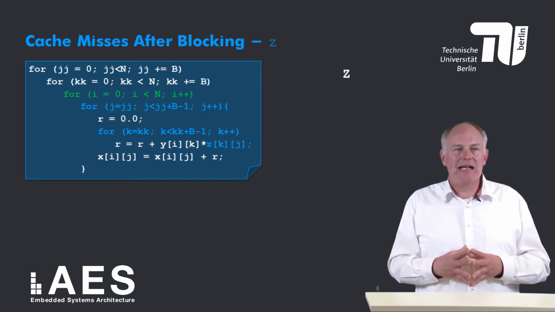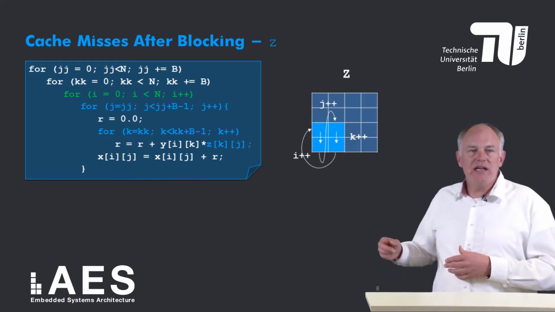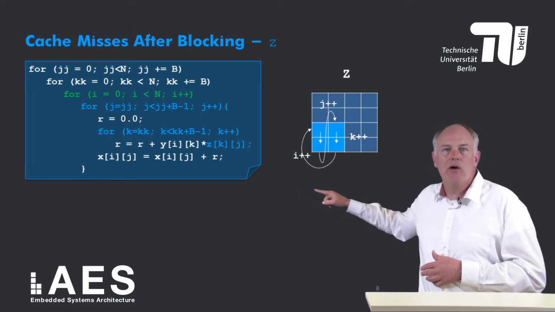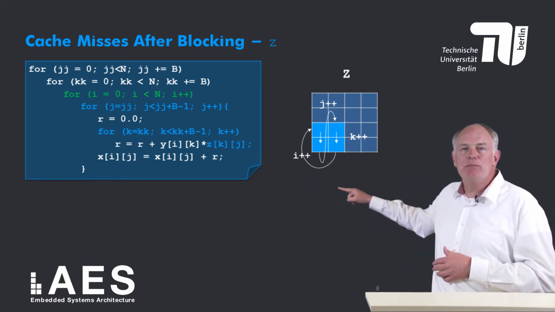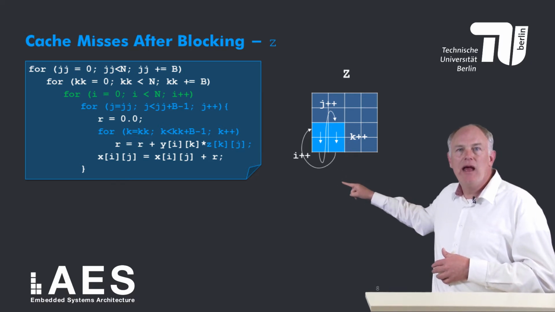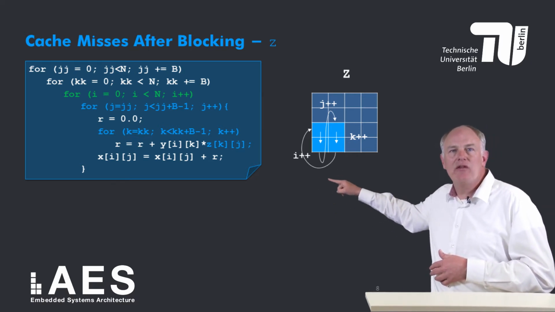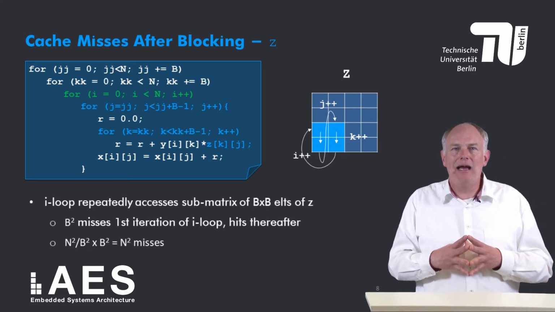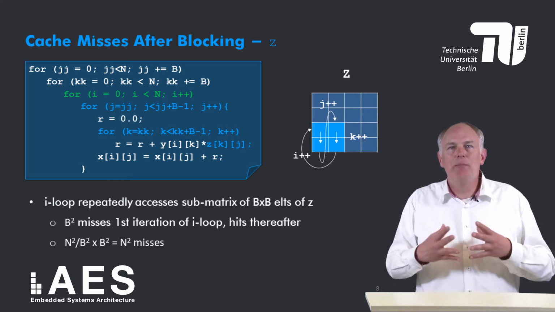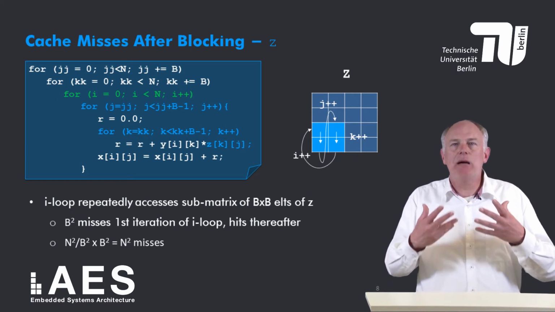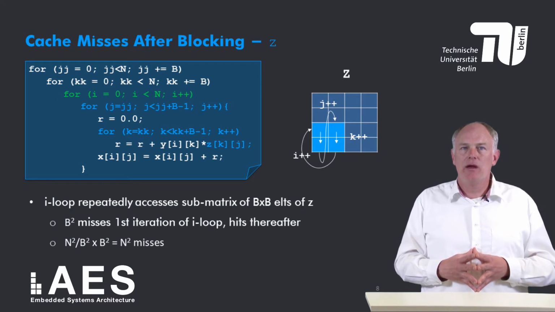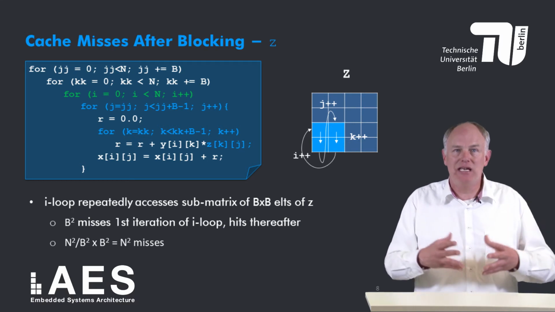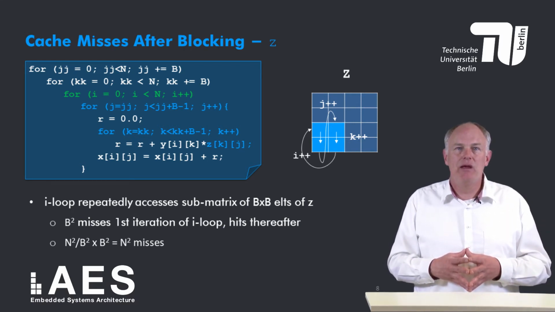Finally, consider the accesses to Z. This figure illustrates that the two inner loops, highlighted in blue in the code, access a b times b submatrix of Z, and then the first element is reused. In other words, the loop with index i, highlighted in green, repeatedly accesses a b times b submatrix of Z. There will be b times b equals b squared misses in the first iteration of the loop with index i.